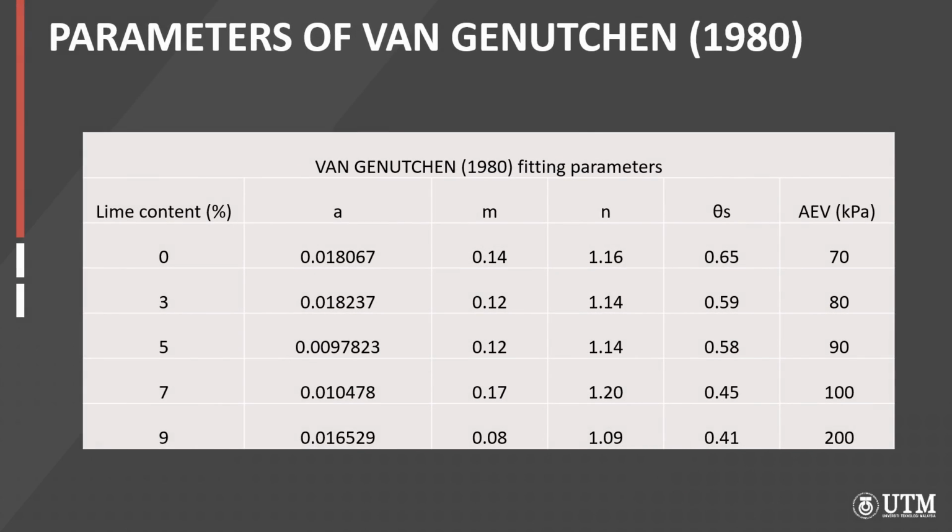Next are the parameters of Van Genuchten 1980. As you can see in the slide, the saturated volumetric water content decreases as the lime content increases, while the AEV, which is air entry value, increases with the addition of lime content.